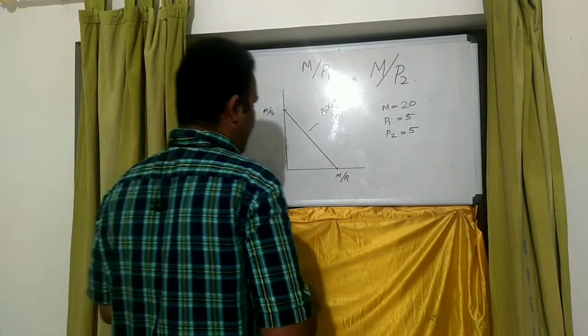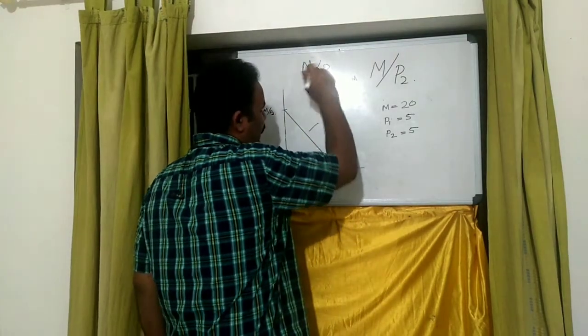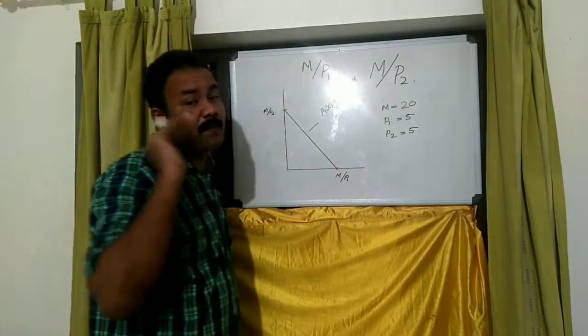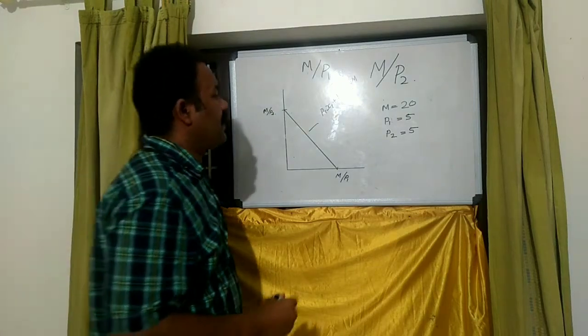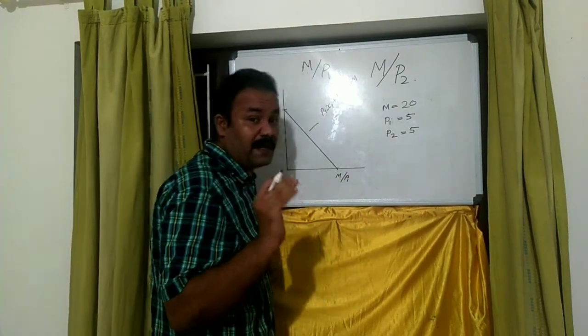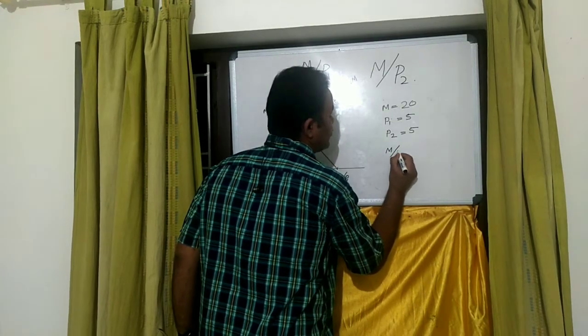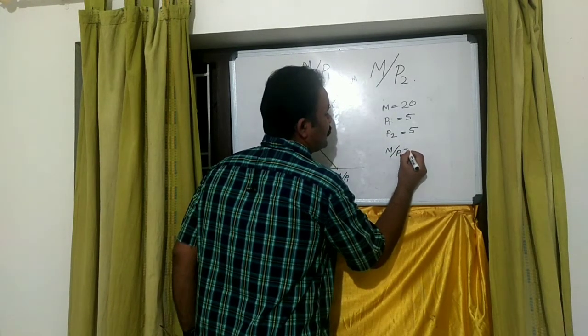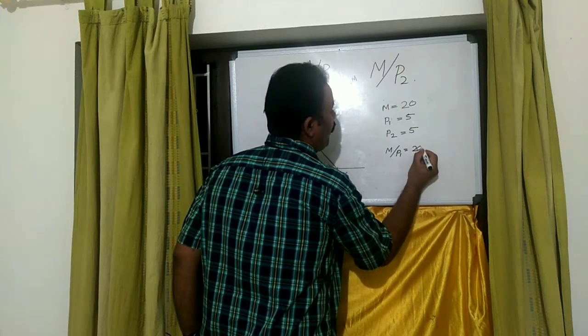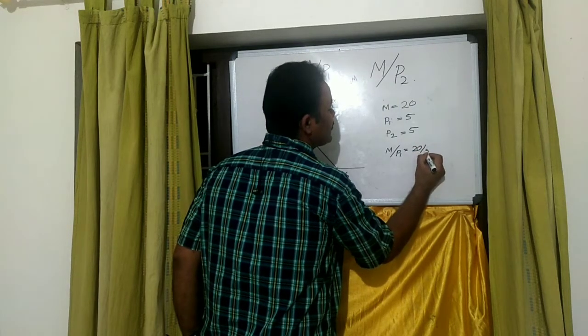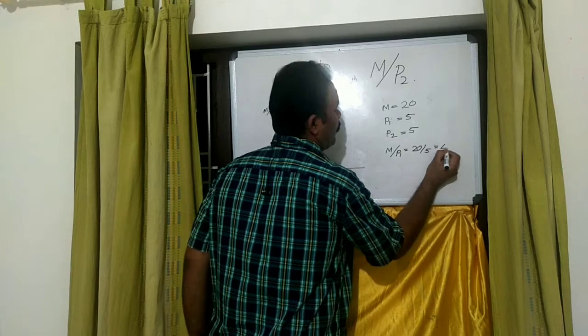Then we can find out M by P1 and M by P2. What is M by P1 here? M by P1, that is 20 by 5, that is 4.